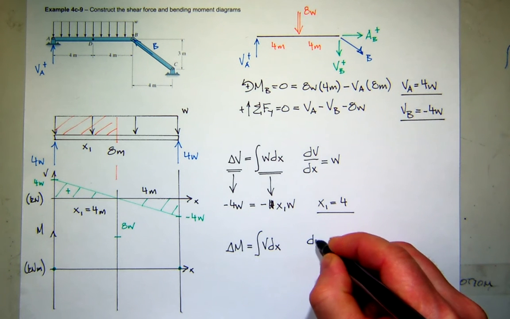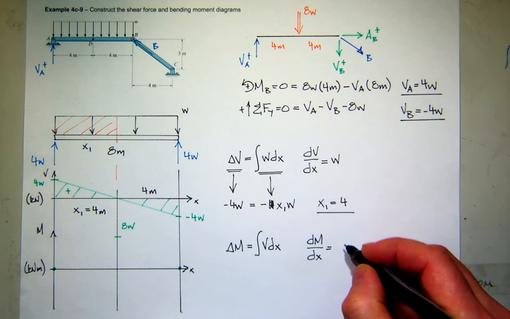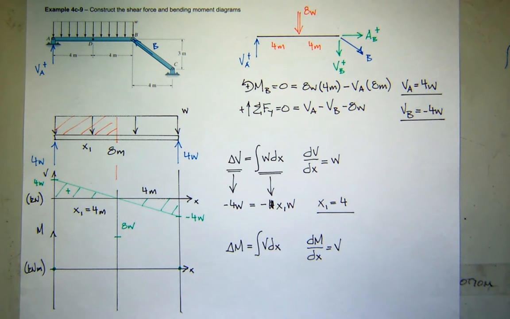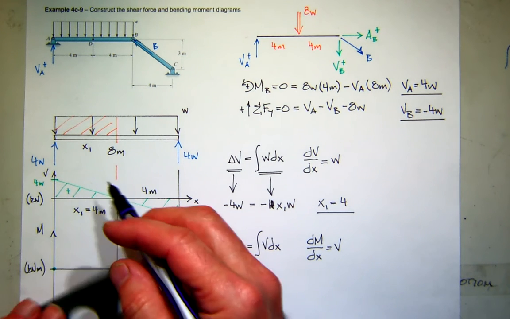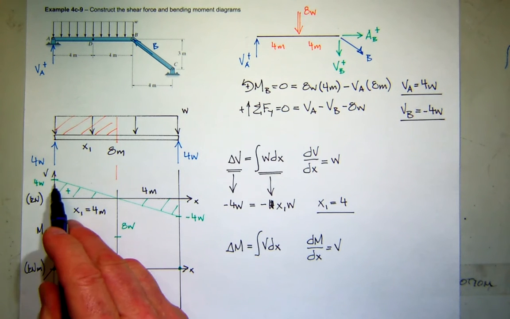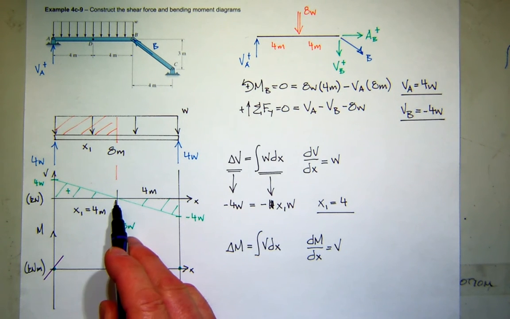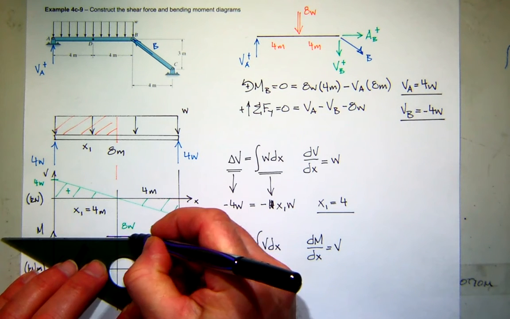And the slope of the moment diagram, which is the derivative, is equal to the shear. So let's see, what's the shear value at A? It's positive 4, so I'll draw a positive slope, and the value decreases to 0, so I'll draw a 0 slope.